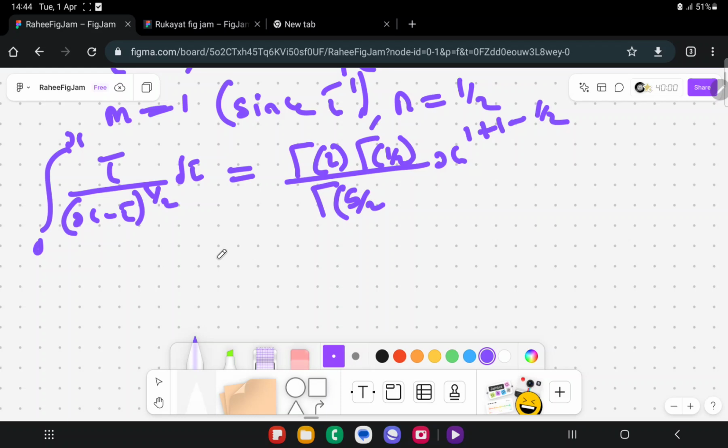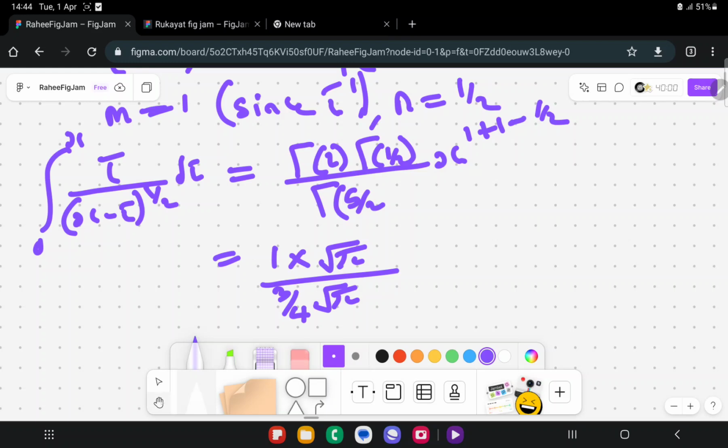Now in trying to simplify this, gamma of 2 is going to be 1, times gamma of half, which is equal to the square root of pi, all over gamma of 5 over 2, which is given to be 3 over 4 times the square root of pi.